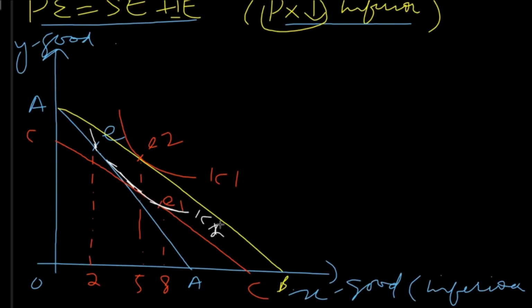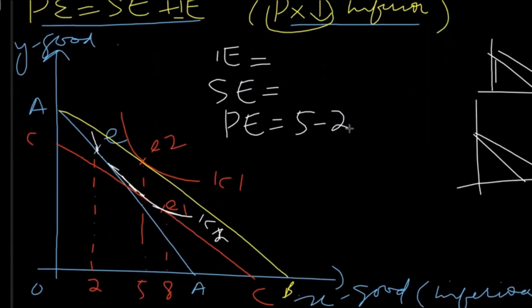This is, let's say, IC curve 2. Again we know that when two budget lines are parallel to each other, they show income effect. So in this situation, income effect would be, we know that income effect is shown with two parallel lines, and in this situation we have two parallel lines CC and AB.